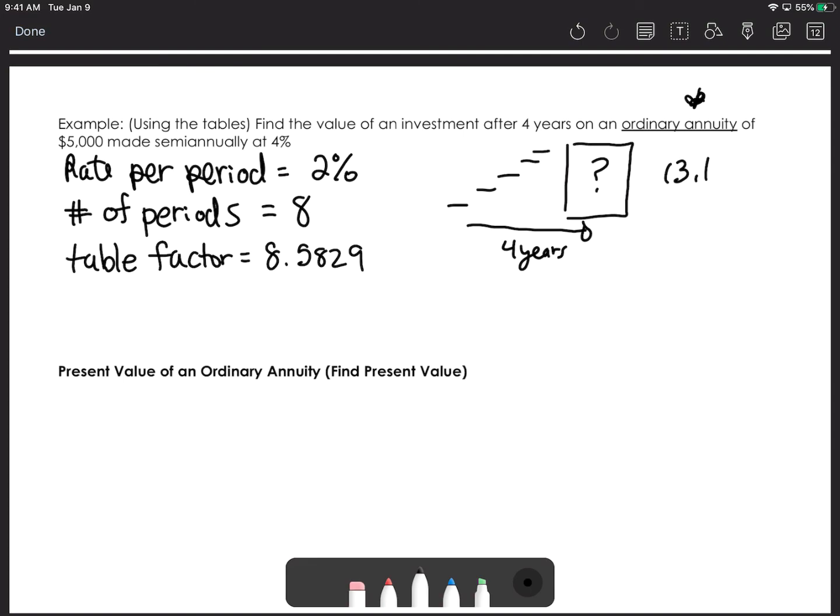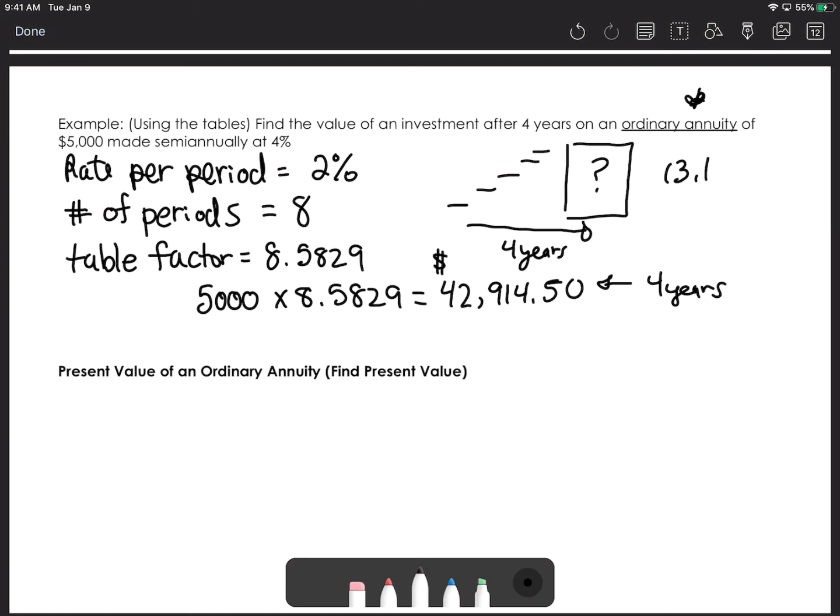So we're going to take $5,000 times 8.5829, and we're going to get $42,914.50. So this is what's going to be in the account after the 4 years.